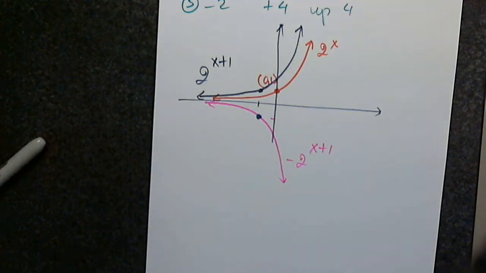Let's stop for a moment and identify the horizontal asymptote for all these 3 functions. Y equals 0. Perfect. When I shift a function with a horizontal asymptote up or down, what do I have to shift first?